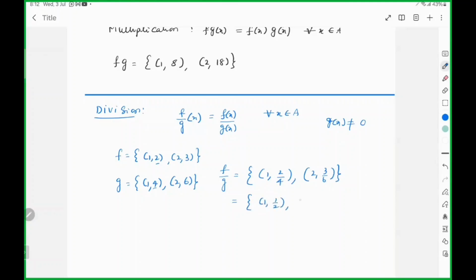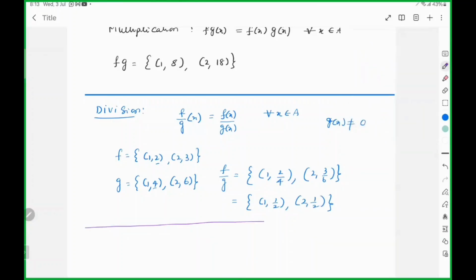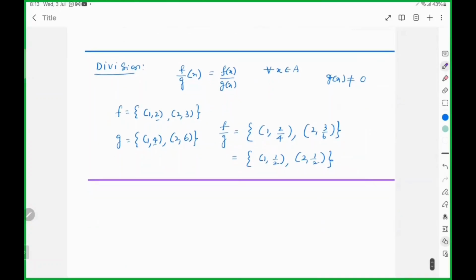So 1 comma half, 2 comma half. This is how division is defined.